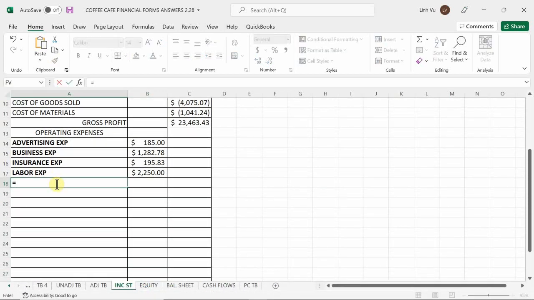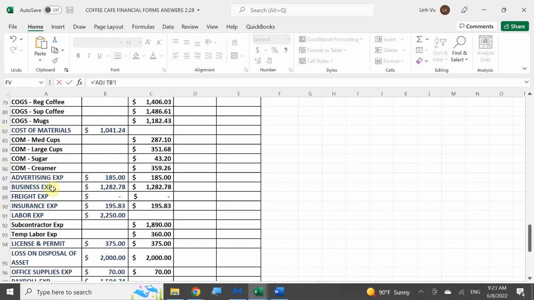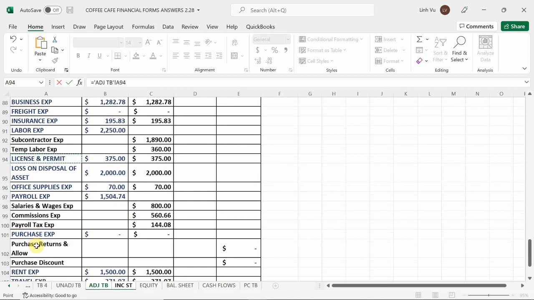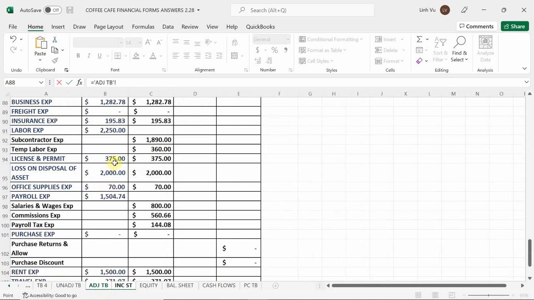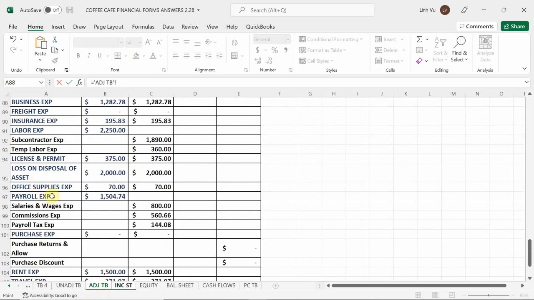I also had to incur license and permit expense, right? I had to pay that in order for us to be able to open up the store, right? I had to pay for the license of that. I also had to get rid of my furniture, right? And purchase new furniture.